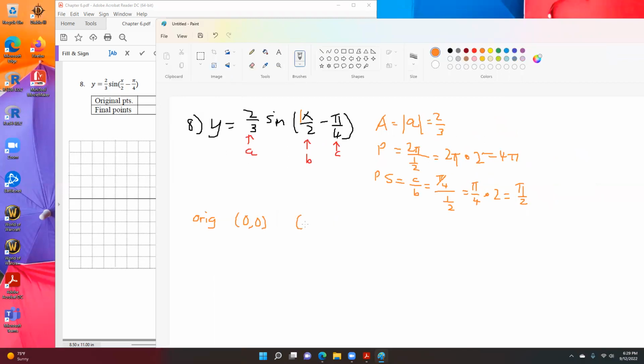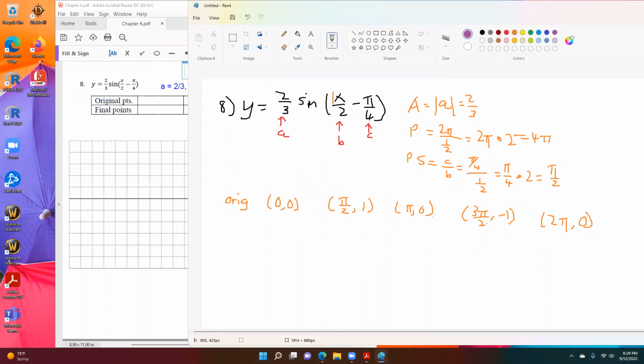The next one in this case will be pi/2, 1. The next one will be pi, 0, followed by 3 pi/2, -1. And the last one is 2 pi, 0. So these are your 5 original sine wave points. This is actually your second step.